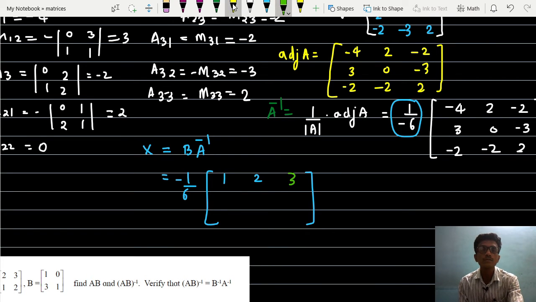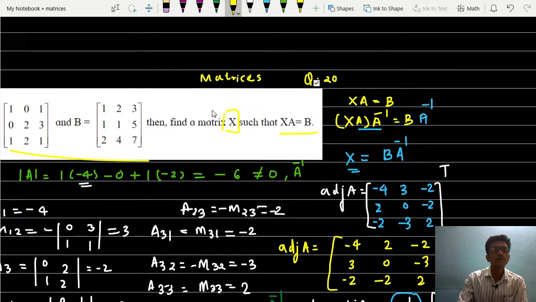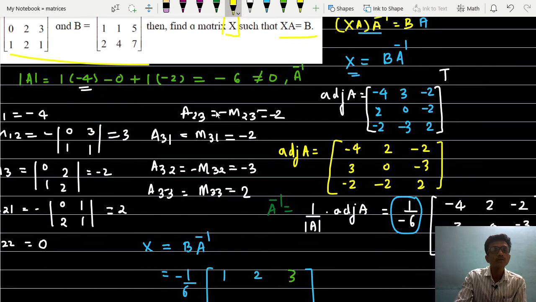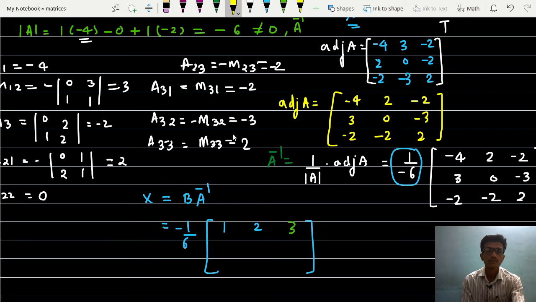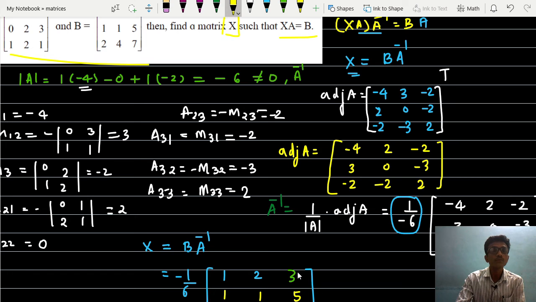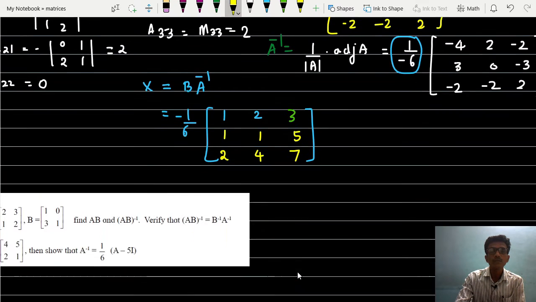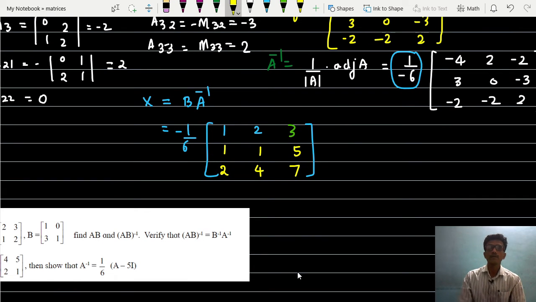Second row is, what is the second row? 1 1 5 and 2 4 7. That is your matrix B: 1 2 3, 1 1 5 and 2 4 7. After that, we write the inverse of matrix A.